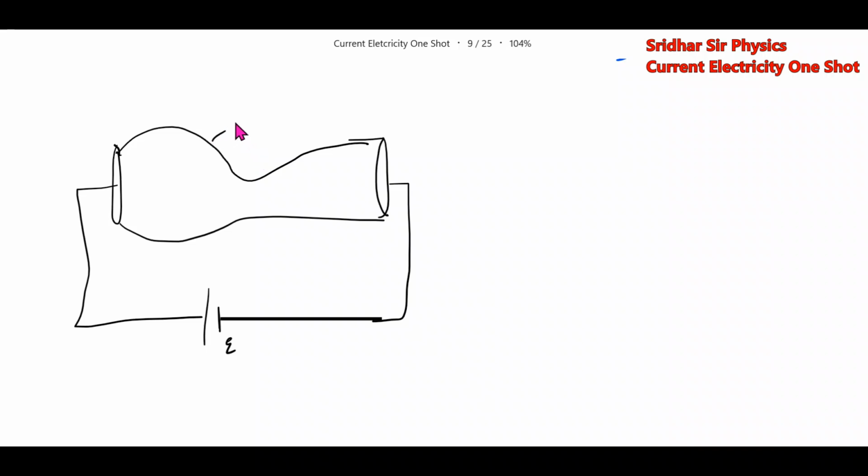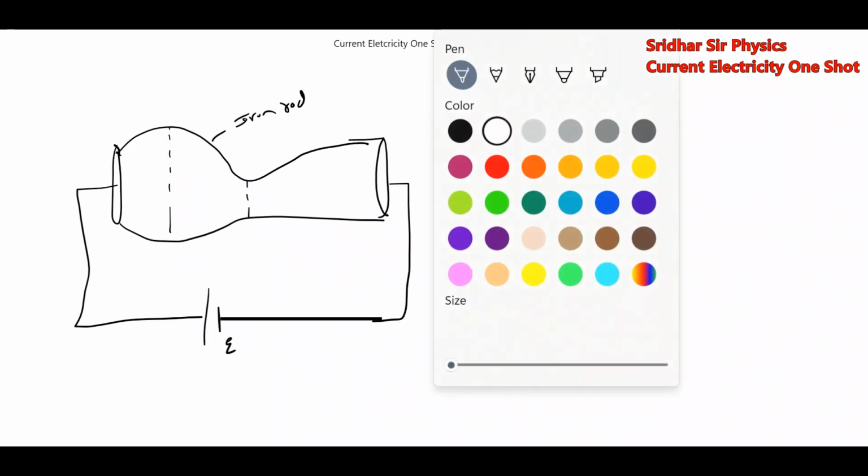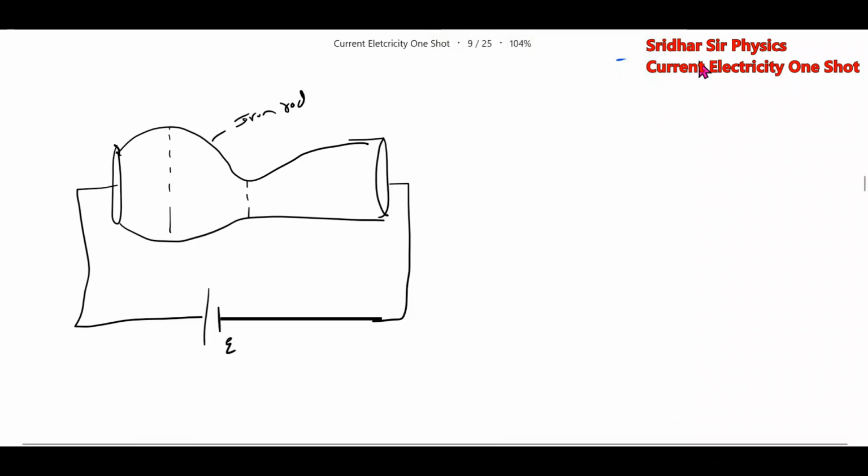Okay, we have this iron shaped rod having some irregular shape. We'll calculate the speed at this point, at this point, at this point. The speed at various points we will analyze. These are some points I'm showing: point 1, 2, and 3. So the current I will flow like this.